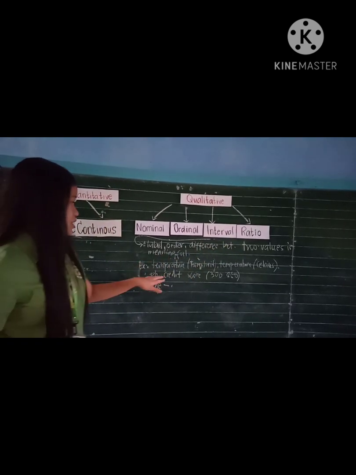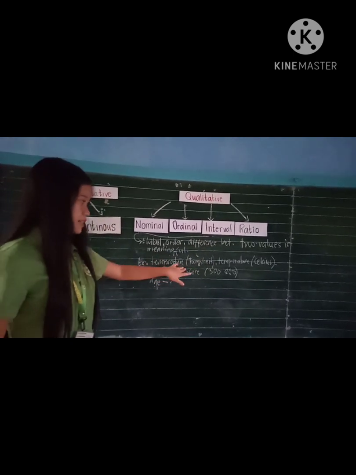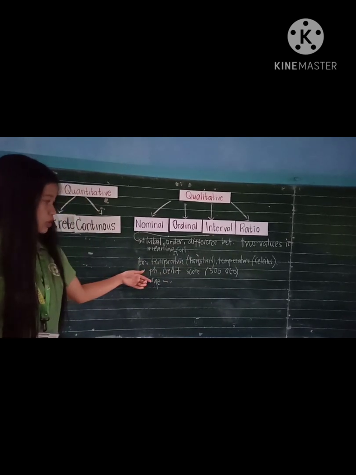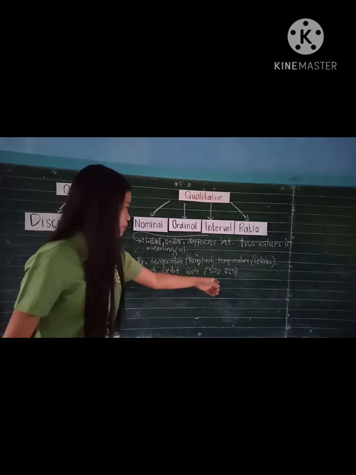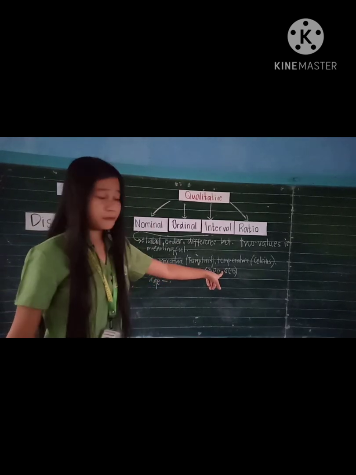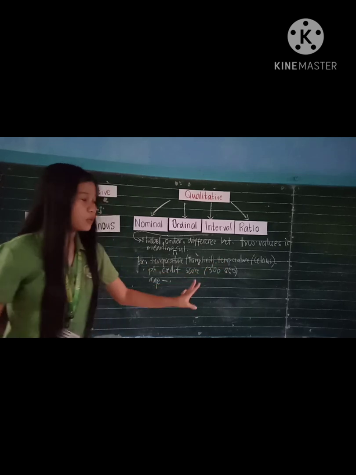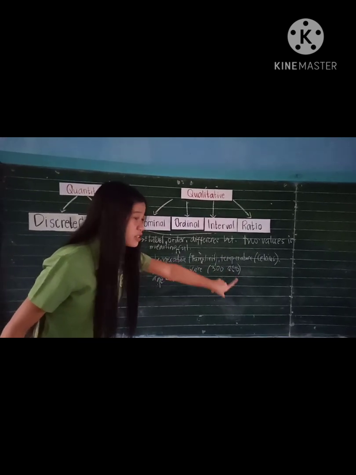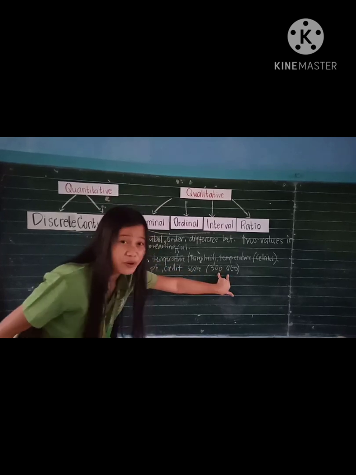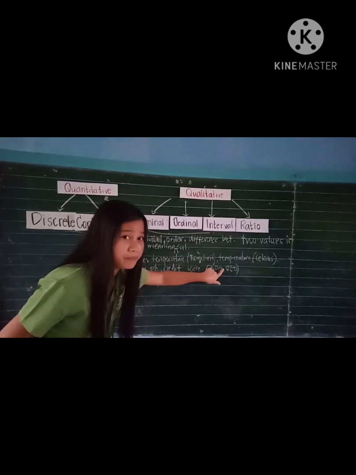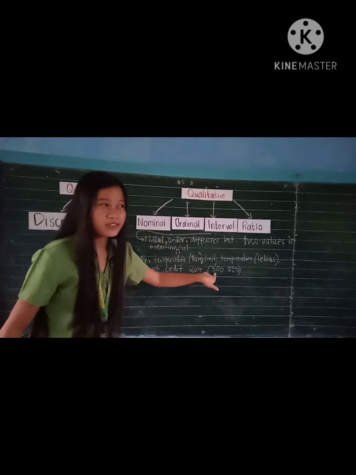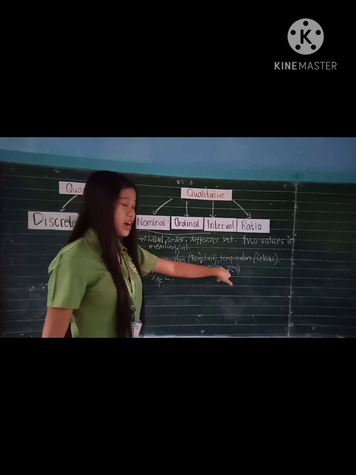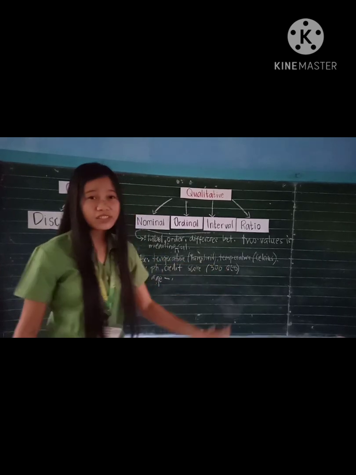For example, temperature in Fahrenheit, temperature in Celsius, pH, and credit score, which ranges from 300 to 850. As you can see, 300 and 850, which are the two values, have a difference between them. 300 is the lower score and 850 is the higher one, and between them, of course, there is a difference.